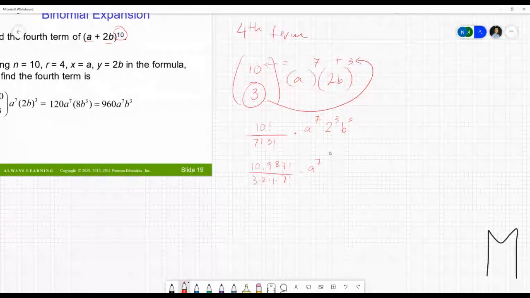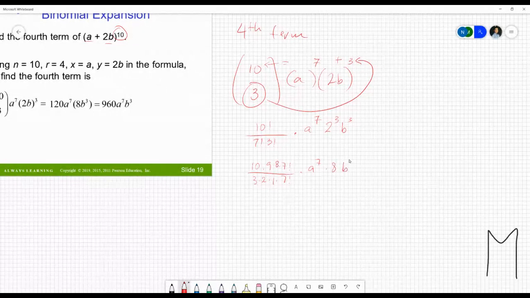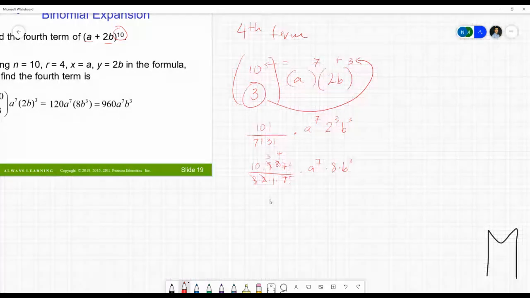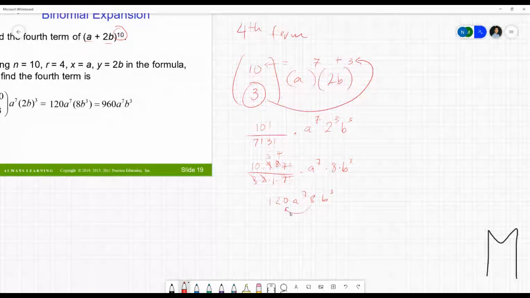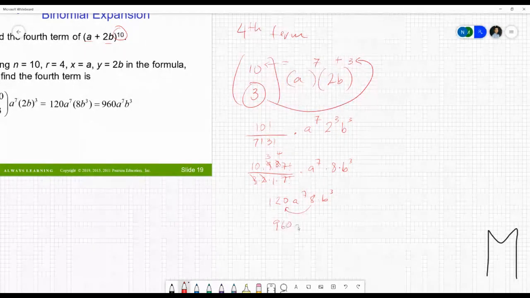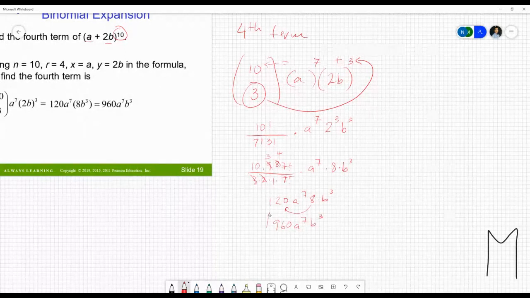And then 2 to the third is 8, b to the third. So let's simplify. The 7 factorial will go away. 3 and 9 can reduce. 2 and 8 can be reduced. And I think that's it. So 10 times 3 times 4, that's 120, a to the 7 times 8 times b cubed. Then you multiply the 8 with the 120, which gives you 960 a to the 7 b to the third.